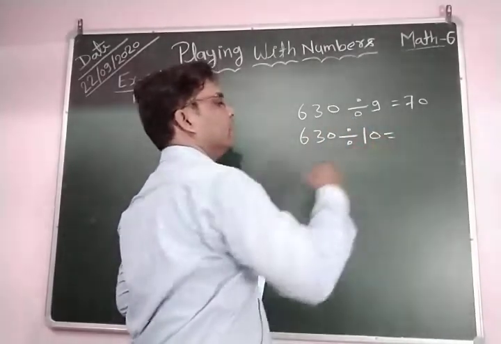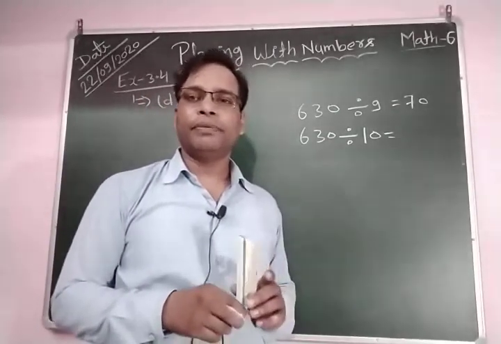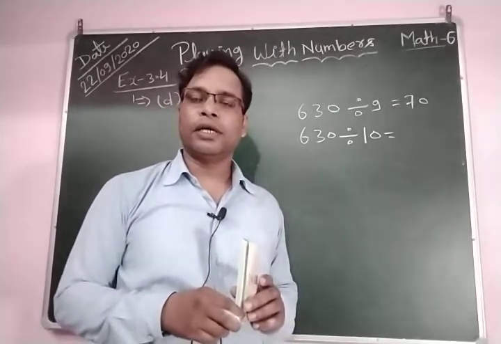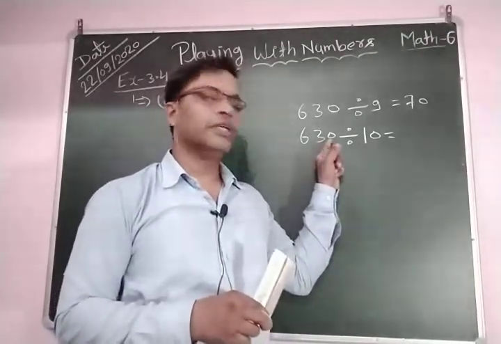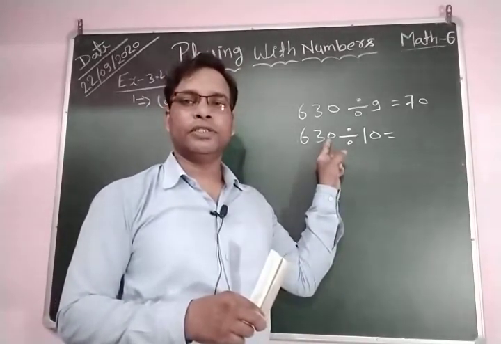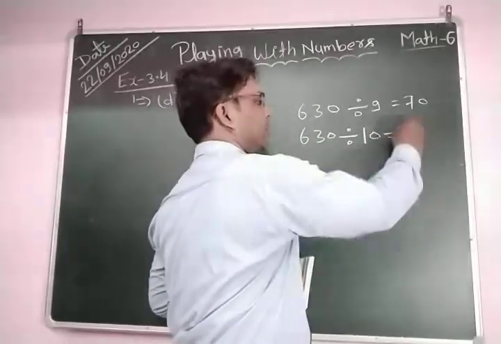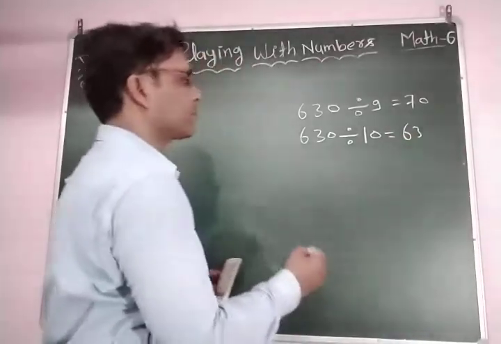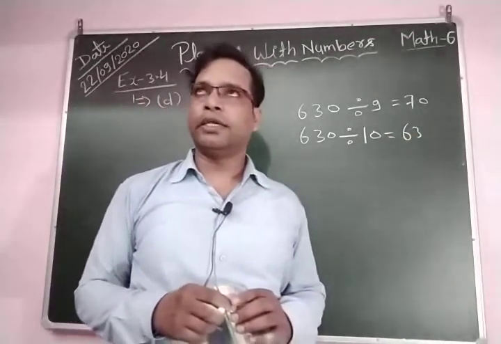According to the divisibility test of 10, a number is divisible by 10 if its last digit is 0. Here the unit place digit is 0, so this number is divisible by 10.